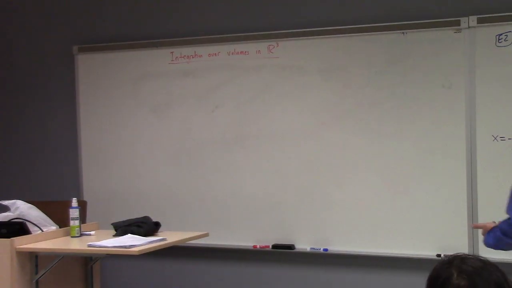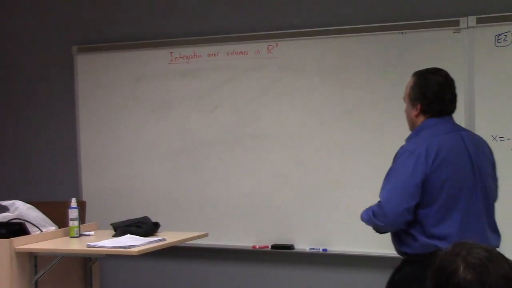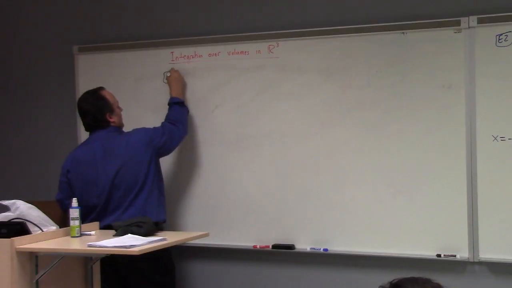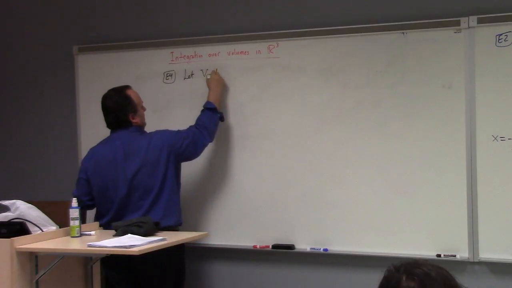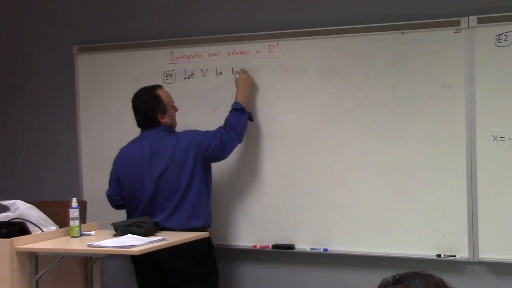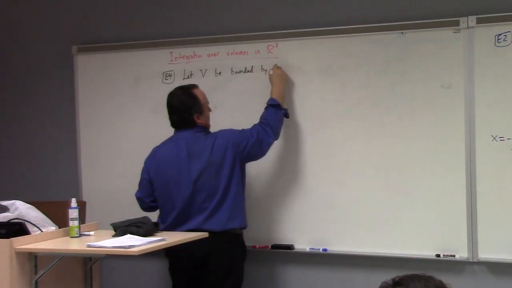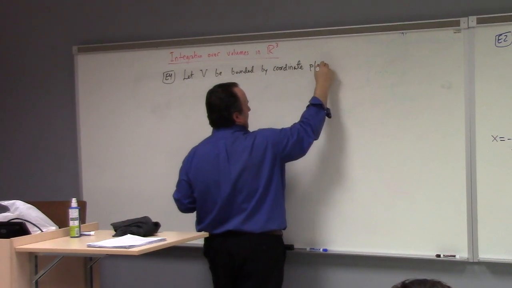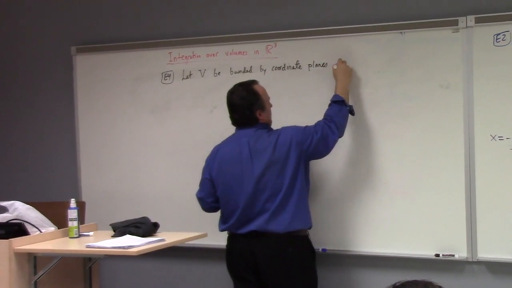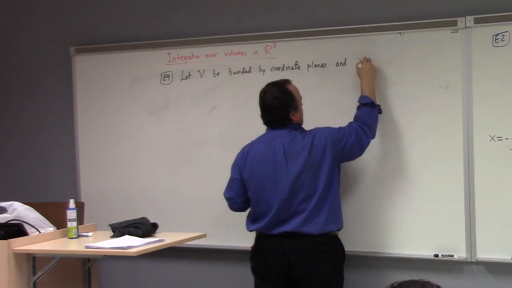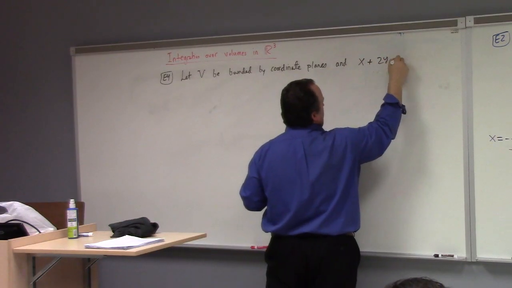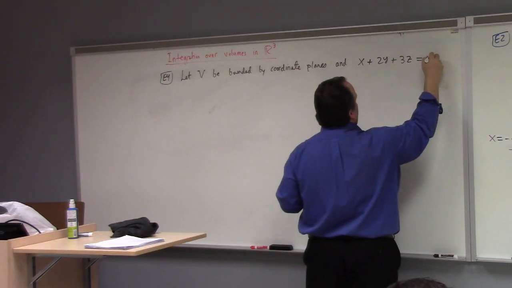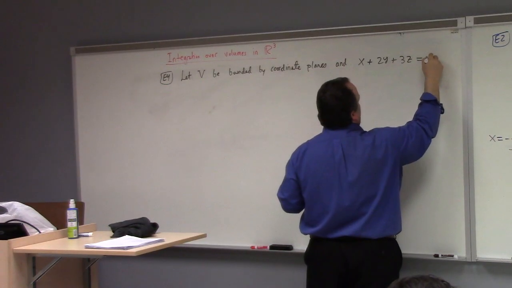This is a good example for us to work. Example 4. Let V be bounded by the coordinate planes and let us say x plus 2y plus 3z equals, I'll make it 6.